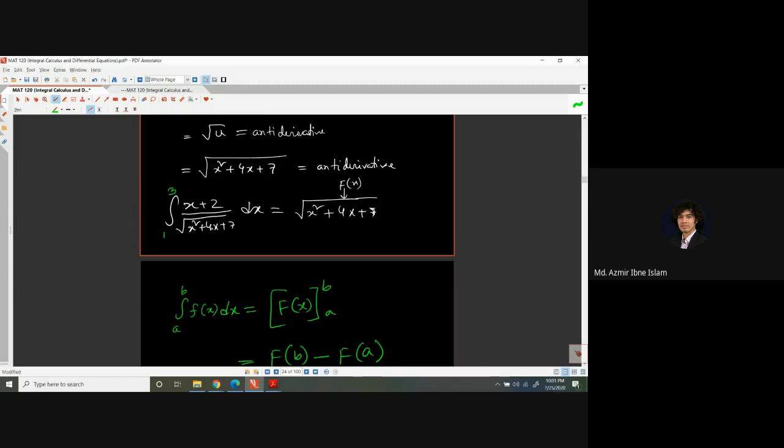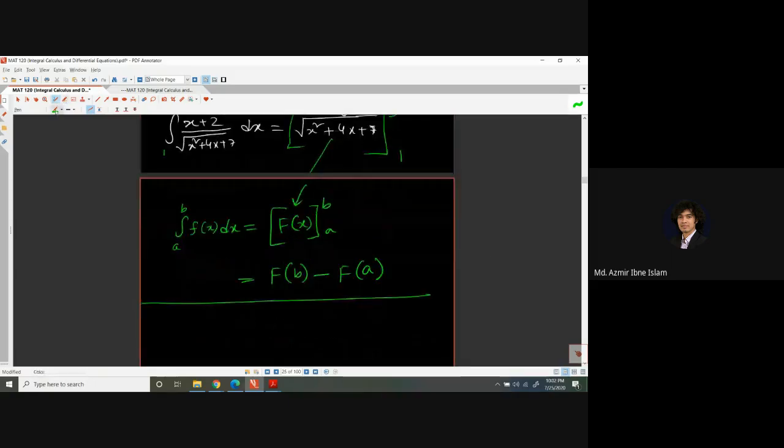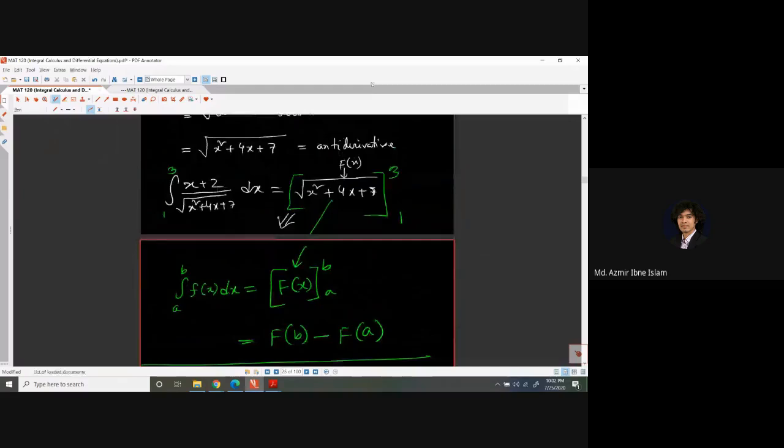So before applying the fundamental theorem of calculus, what we have done, we have solved the indefinite integral and we have found the antiderivative. That means this is F of x. Okay, so with upper limit 3, lower limit 1. So what we can do now, from this part we can apply the upper limit where we have x terms, again negative, lower limit 1 where we have x term.